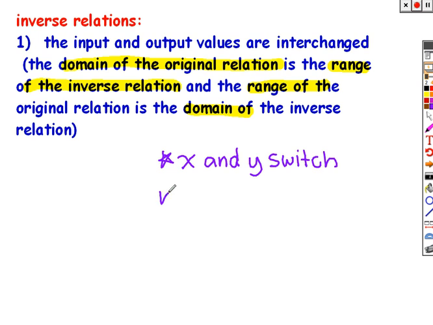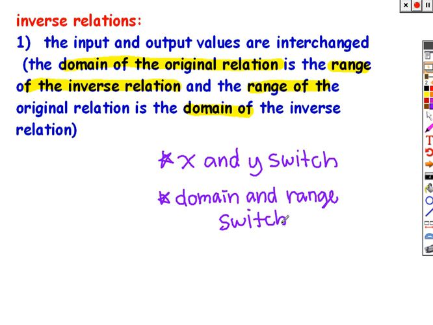Or what this is essentially saying is the domain and range switch.